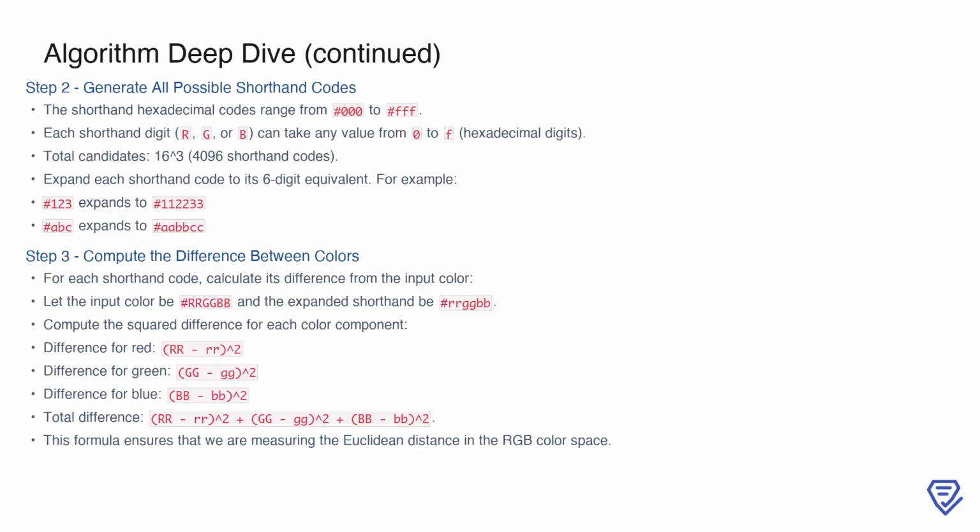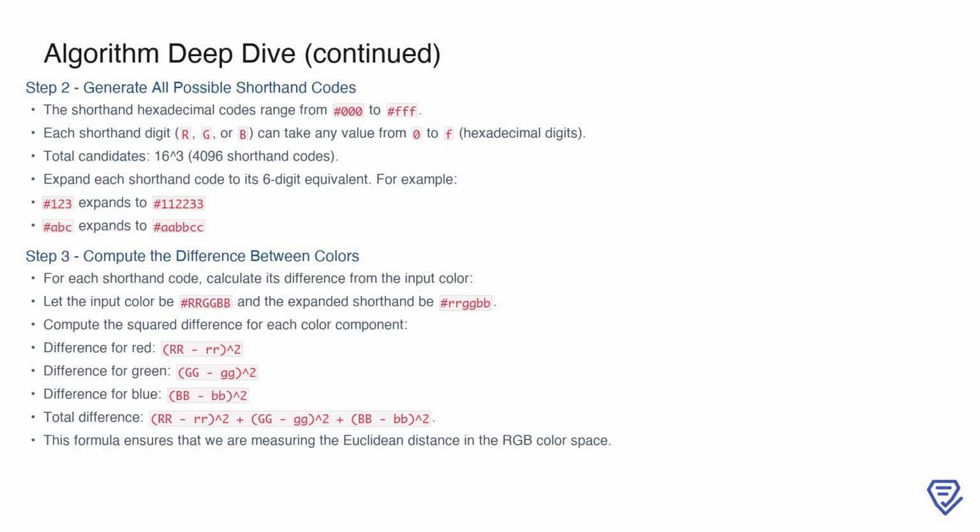This results in a total of 16 cubed, or 4096, possible shorthand codes, ranging from #000 to #FFF. Each of these shorthand codes is expanded into its 6-digit equivalent by repeating each digit twice. For example, #123 becomes #112233, and #ABC becomes #AABBCC.